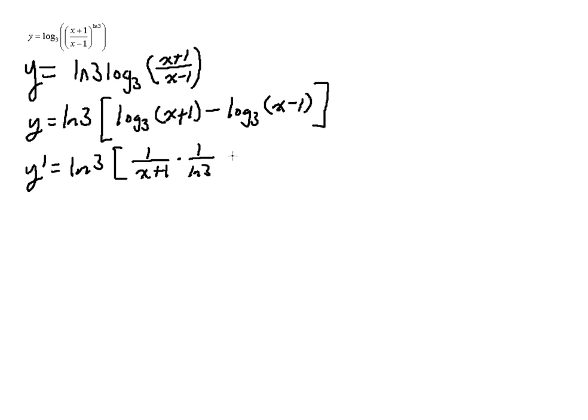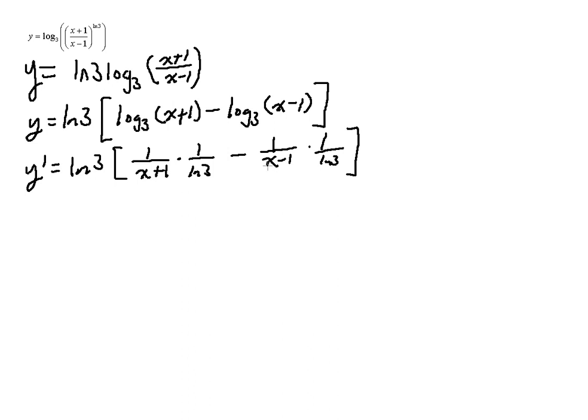So that will be minus the derivative of log base 3 of x minus 1, which is 1 over the argument, times 1 over the ln of the base, which again is ln of 3. Now if you'll notice, when we take the derivative of x minus 1, we just get 1.